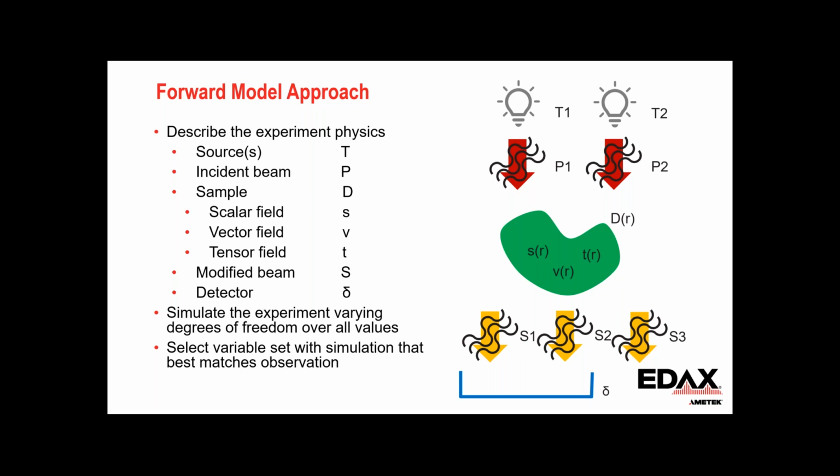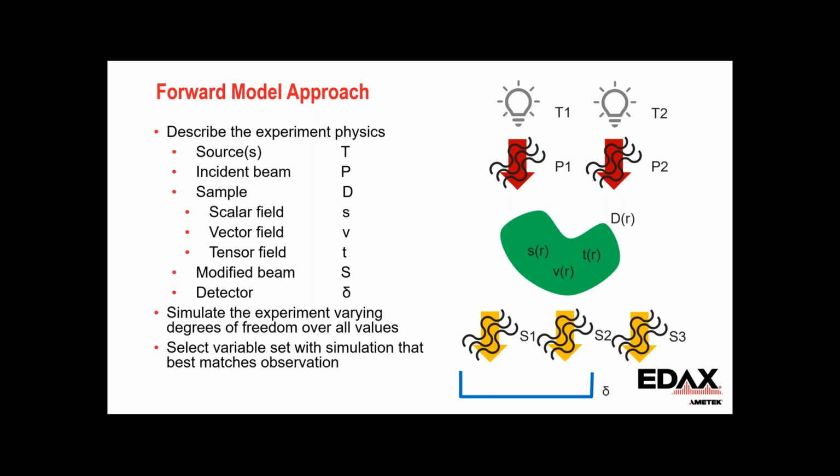With a forward model approach, the idea is that we describe the physics of the experiment that we're doing. That can involve an arbitrary number of factors, but typically you have some source for a beam you're using to probe your sample, a description of the beam itself, and a description of your sample, which includes the physical extent of the sample as well as all the quantities of interest.